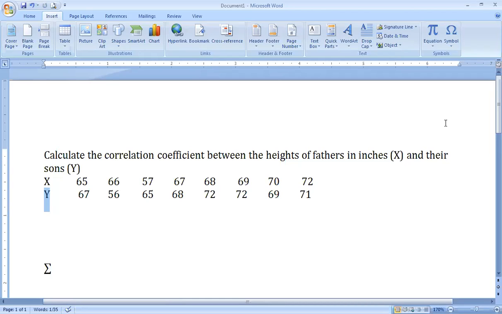Comparing two variables is what is called correlation. We discussed that an increase in petrol price will decrease the sales of petrol cars, and a decrease in diesel price will increase the sales of diesel cars, or decrease the sales of petrol cars.